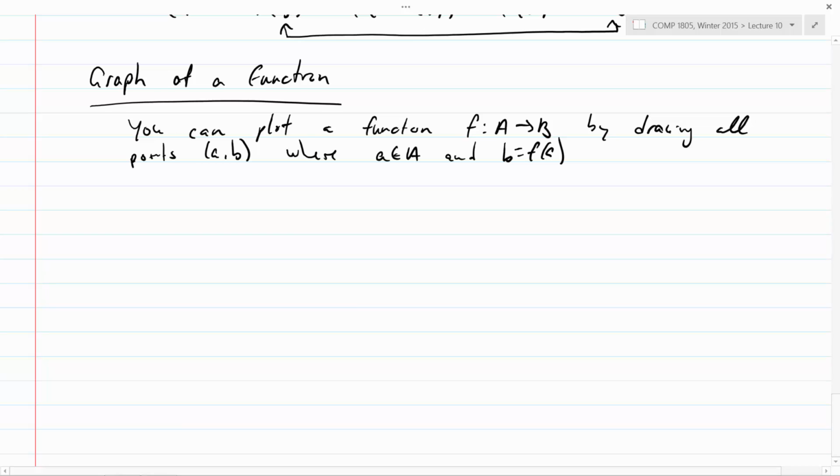So I'll do some examples. Let's say I had f that goes from the integers to the integers, defined by f(x) = 2x + 1. How would this function look if I graphed it?